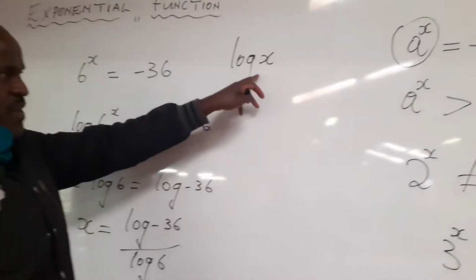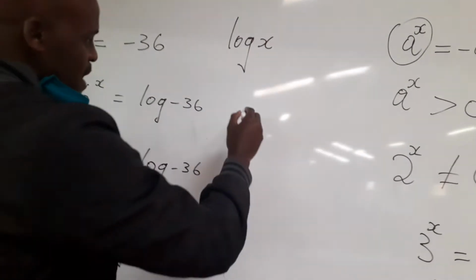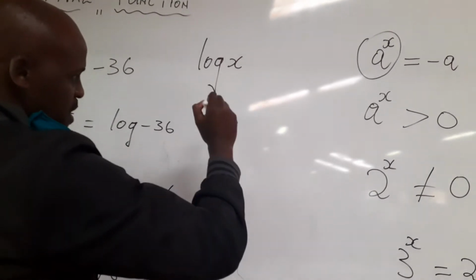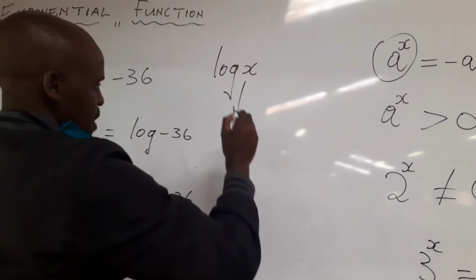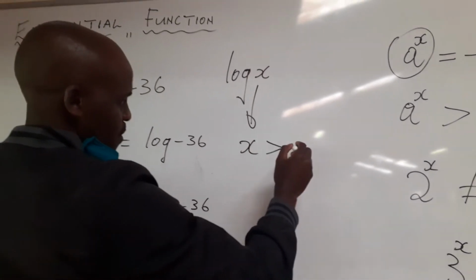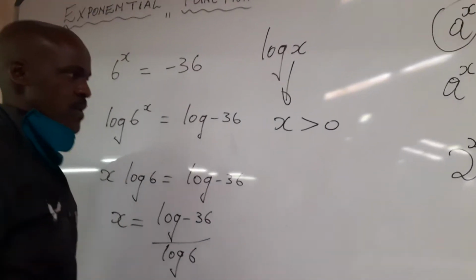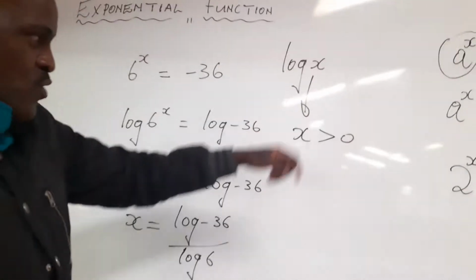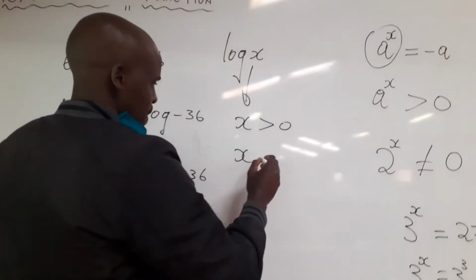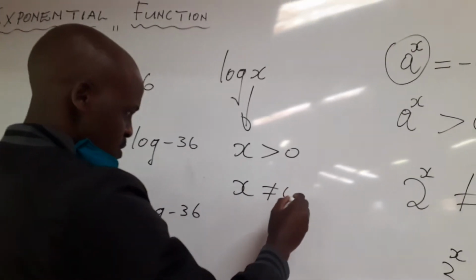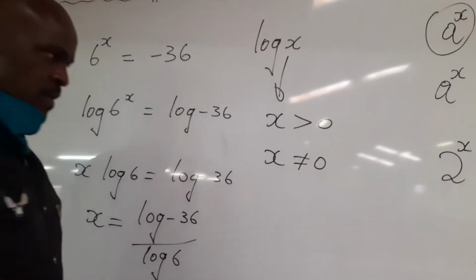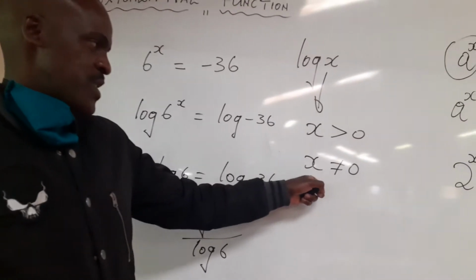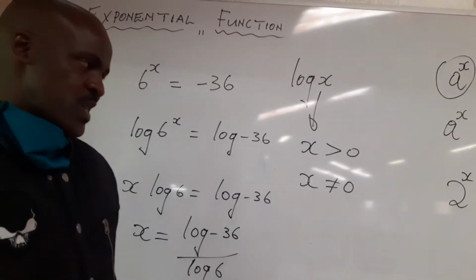If you have this like that, x, on that case, x must be always positive. Number 2, x must not be equal to 0. Using the calculator to find log 0, it won't exist.